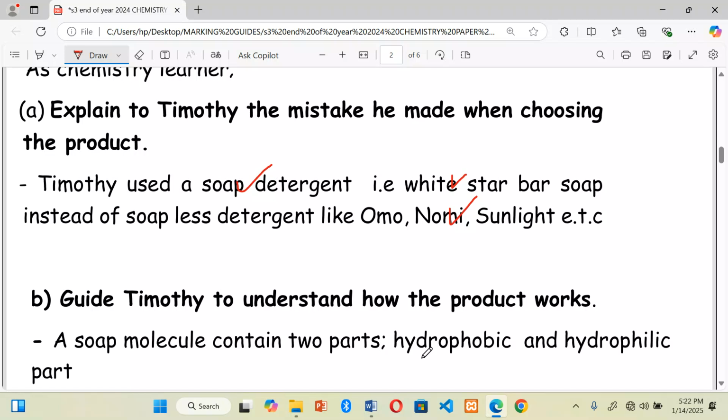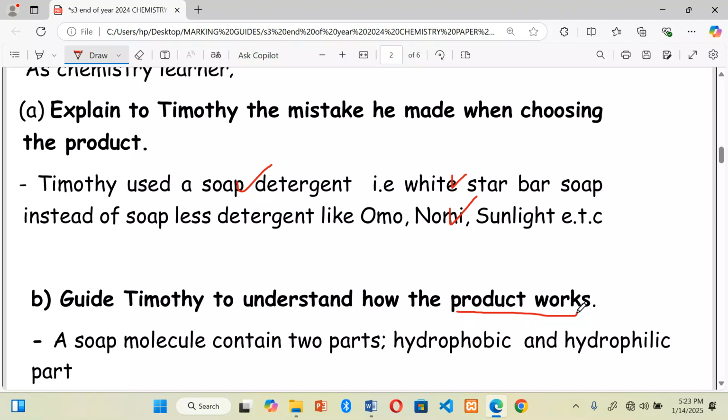Part B says, as a chemistry learner, guide Timothy to understand how the product works. Soap detergent and soapless detergent all work in the same way. What they want us to talk about here is the cleansing action of soap.